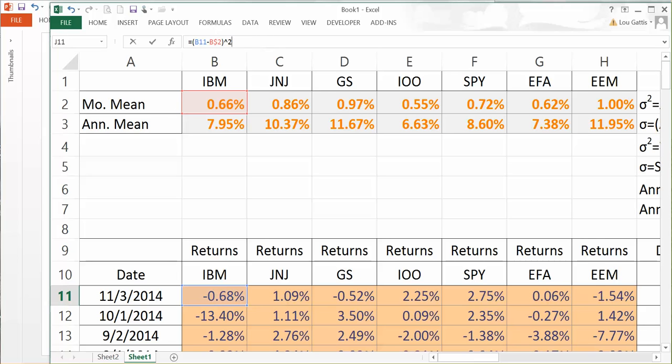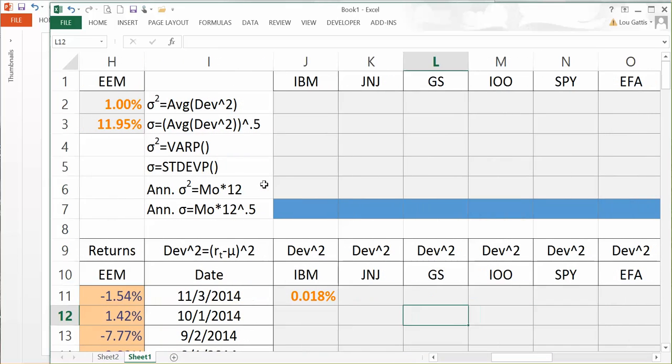deviation from the mean. So in the first period, IBM was negative 0.68. It's expected to be 0.66 according to its mean, so it's quite a bit below its mean, about 130 basis points or so. So we square that, and that's the squared deviation from the mean. So now I can copy that down and copy that over.